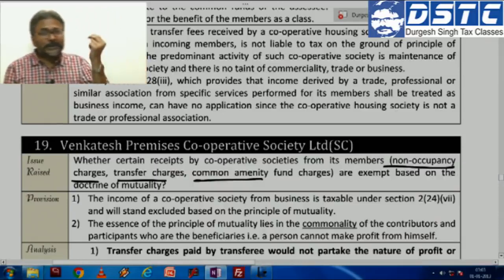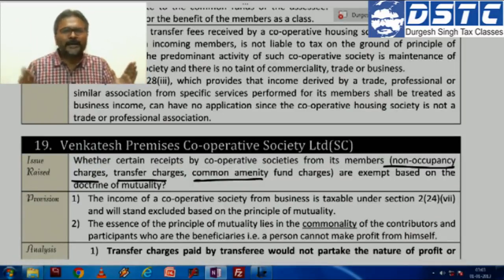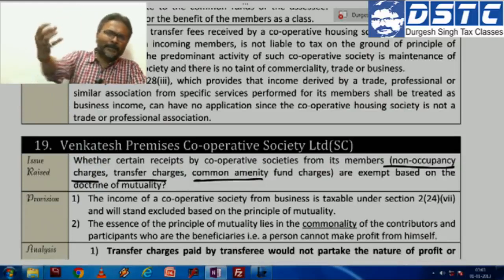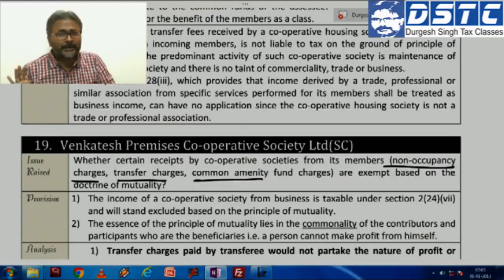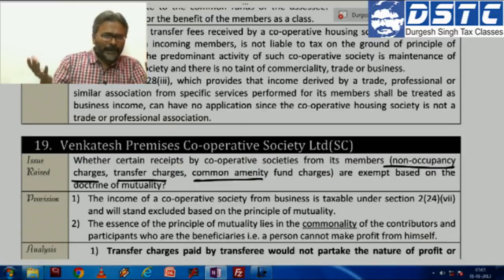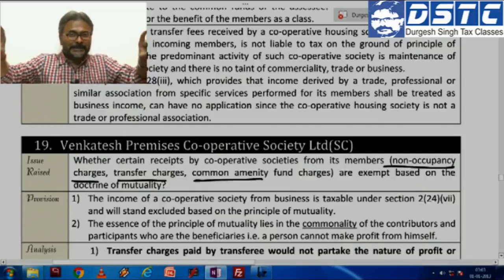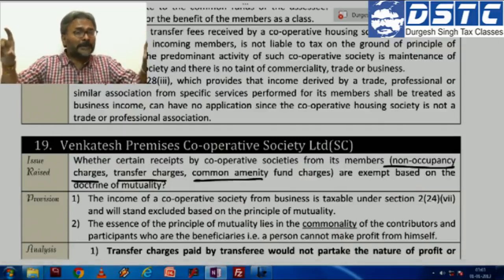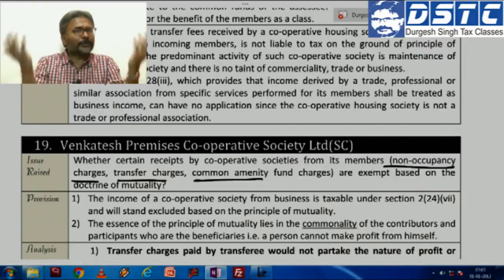Because if it falls within the scope of mutuality, then as I just now told you, the mutuality principle is what? Like, I am taking the money from you for your benefit, not for my benefit. So for your benefit, primarily here you means the members. So an entity is taking the amount from you for your benefit.